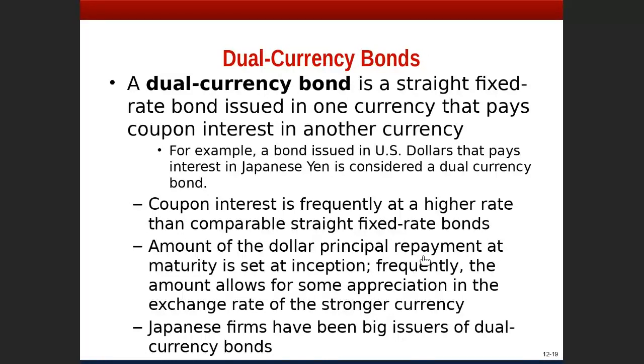The amount of the dollar principal repayment at maturity is set at inception. Now, frequently, the amount allows for some appreciation in the exchange rate of the stronger currency. Japanese firms have been known to be big issuers of dual currency bonds.